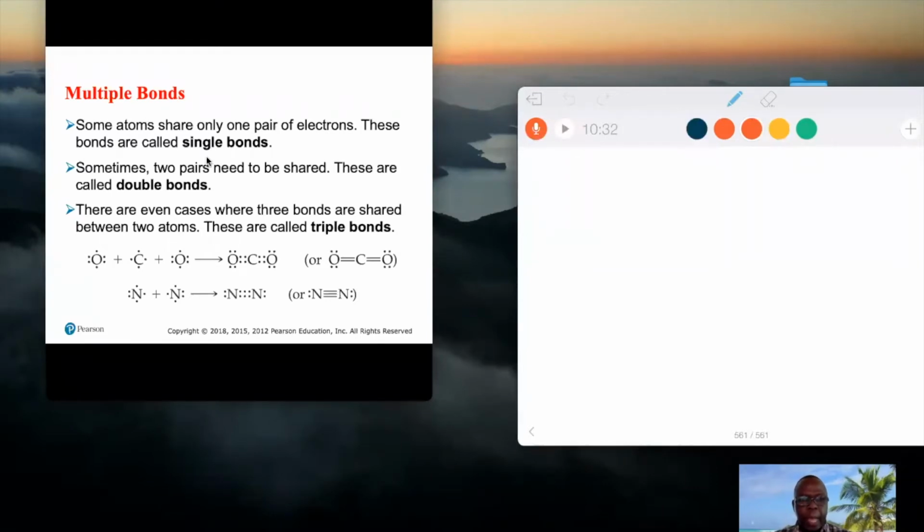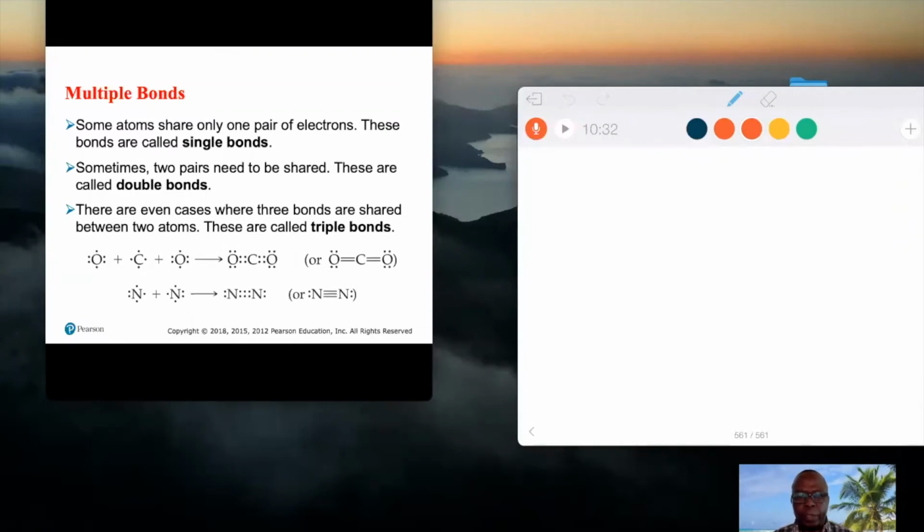I explained earlier on what is meant by double bond, what it represents, triple bond, how it looks like. Nitrogen gas, we have triple bond, carbon dioxide, double bond, and this has to do with obeying the octet rule.